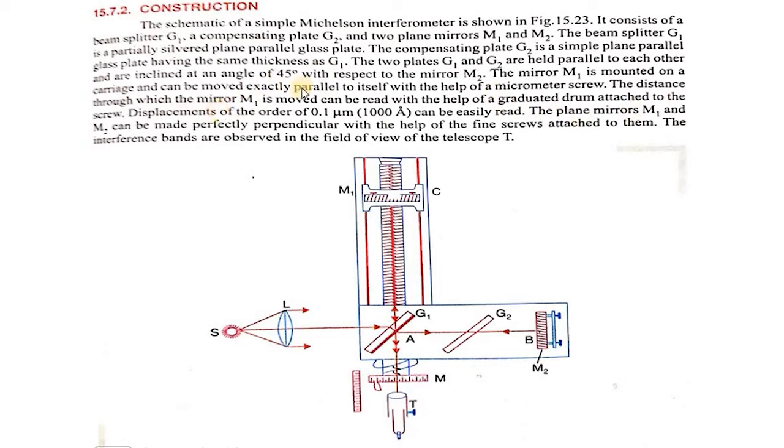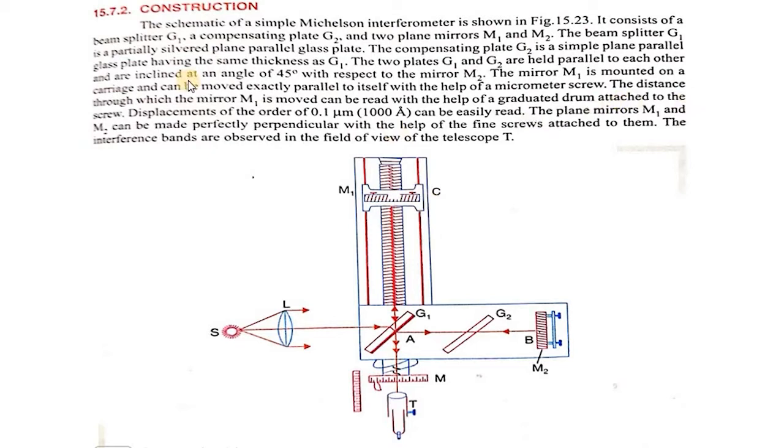Displacement of the order of 0.1 micrometer or 1000 angstrom can be easily read. That is, you can see the mirror M1 can travel to and fro, and the displacement of the mirror M1 can be read easily with the help of a graduated drum attached to the screw.